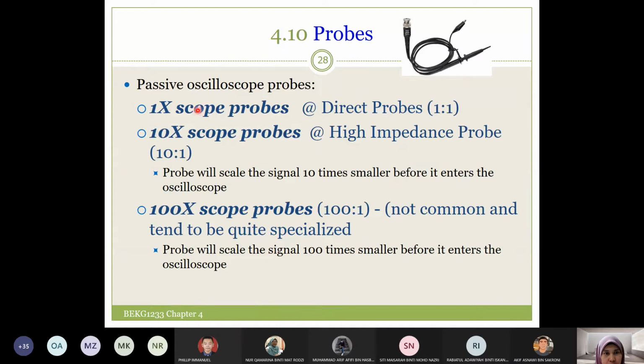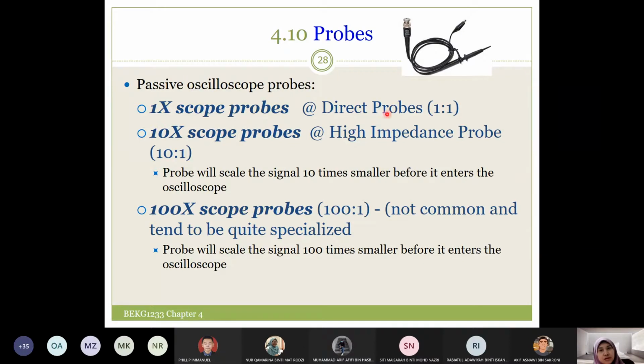Okay, 1 times probe is for direct probe, meaning that 1-to-1. Let's say the signal coming from the circuit is 1 volt, then when we display it through the oscilloscope, the waveform on the oscilloscope also shows 1 volt.